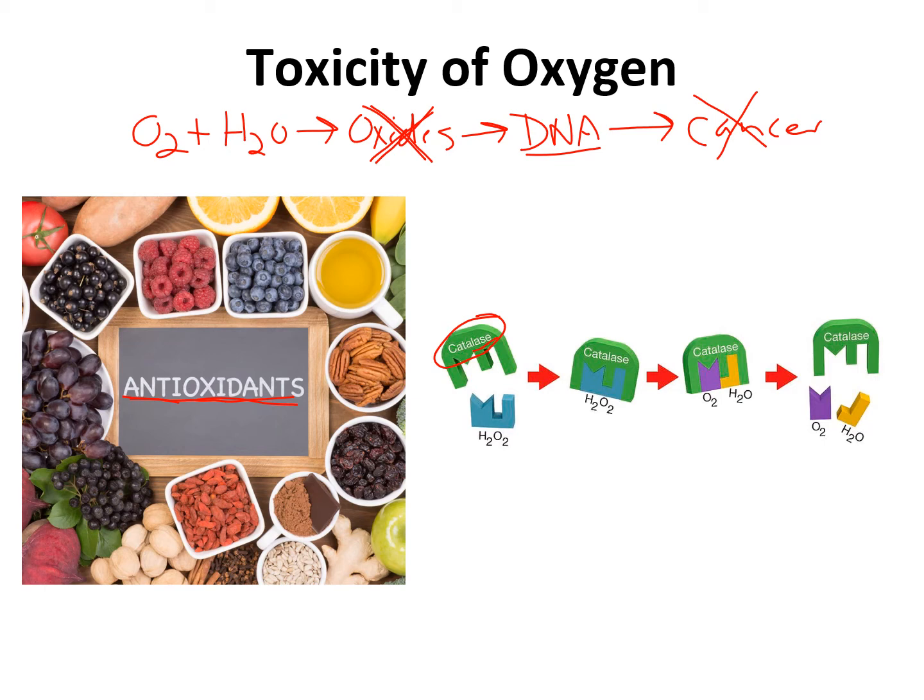And catalase will bind hydrogen peroxide and it will catalyze it, break it down into its components, oxygen and water. And then of course the oxygen will be released out into the air. So even the cells today that are surviving in an environment that has a lot of oxygen in it, they need to have these enzymes like catalase to protect them from the toxic effects of the oxides.